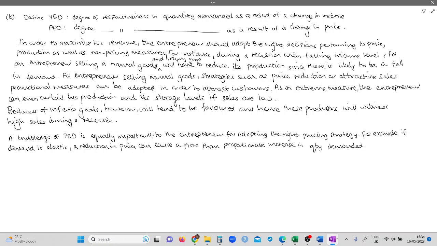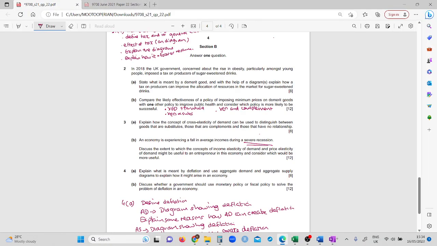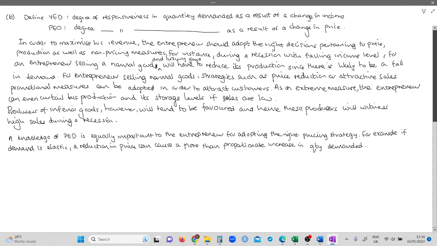The question tells us that here we are talking about a recession. So, let's get back to the question: consider which would be most useful. Here we're talking about average incomes. We have already written that if demand is elastic, a reduction in price can cause a more than proportionate increase in quantity demanded. If we are talking about two competitors competing against each other, the one who reduces their price will get more customers.